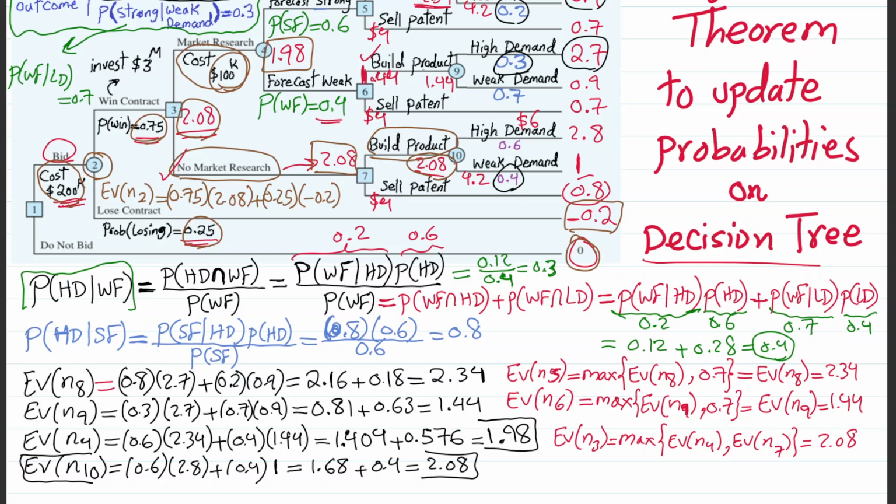If they do zero, then that would exactly offset the delta between these two scenarios, with the zero meaning that instead of $100,000 cost of market research, if it comes free, then 1.98 will become 2.08. And even with the $0 market research cost, the outcome or payoff of a market research scenario will be just equal to the no market research scenario. Then it's on par, and maybe because there might be some other information available, it might just make sense that we proceed with market research, but barely, so they are just on par.